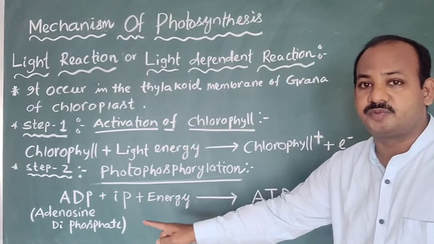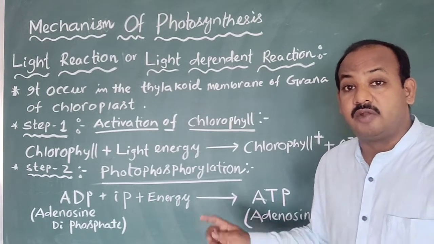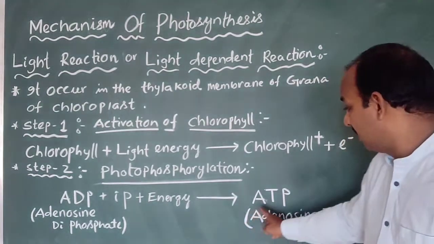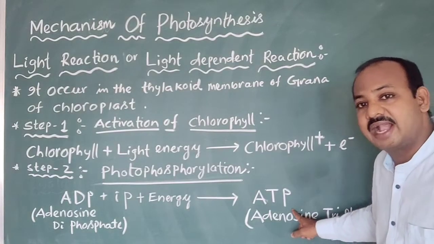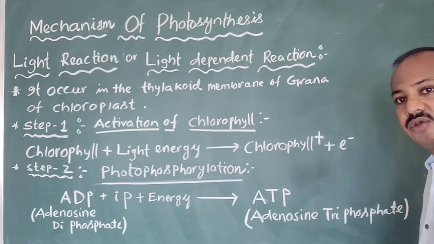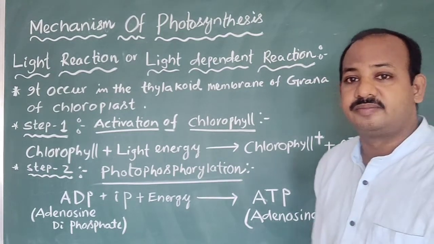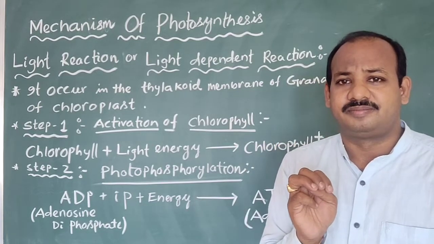Adenosine diphosphate and a phosphate is added. Then what happens? It forms adenosine triphosphate. ATP means adenosine triphosphate. You can see here, adenosine triphosphate means 3 phosphates.